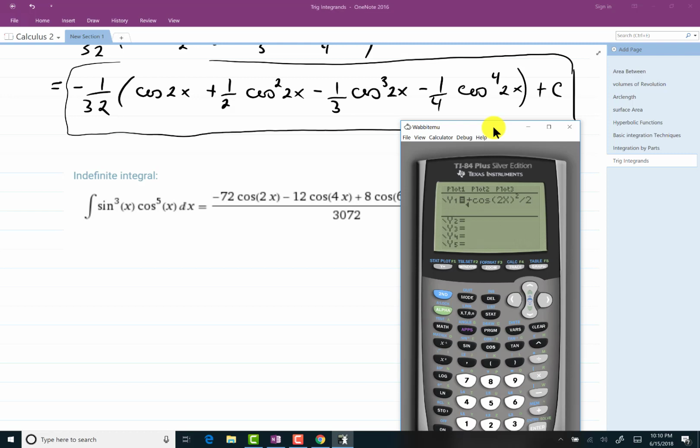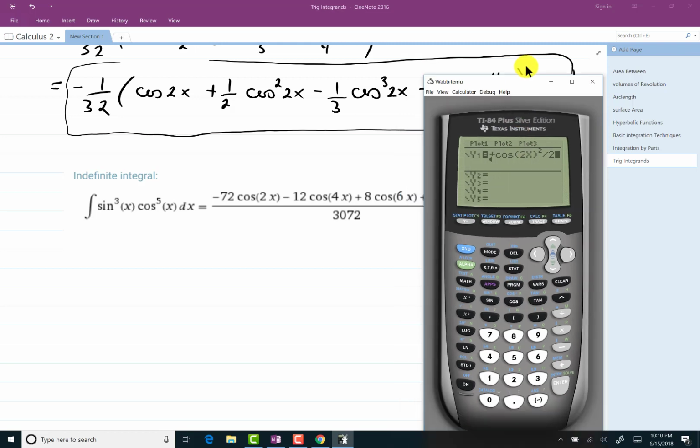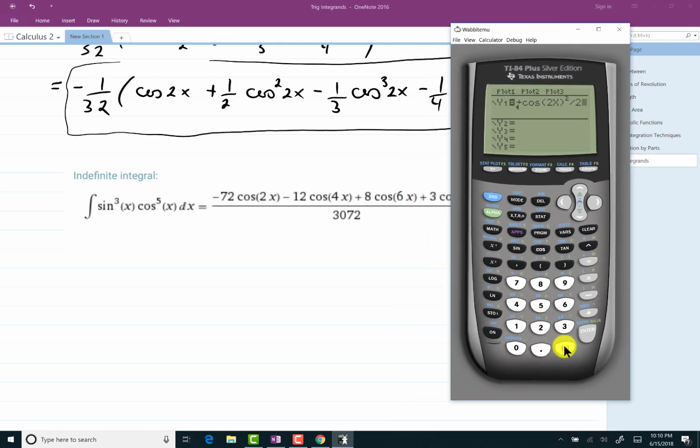Then I have negative 1/3 cosine cubed of 2x, so I can go negative cosine 2x to the third and divide by 3.